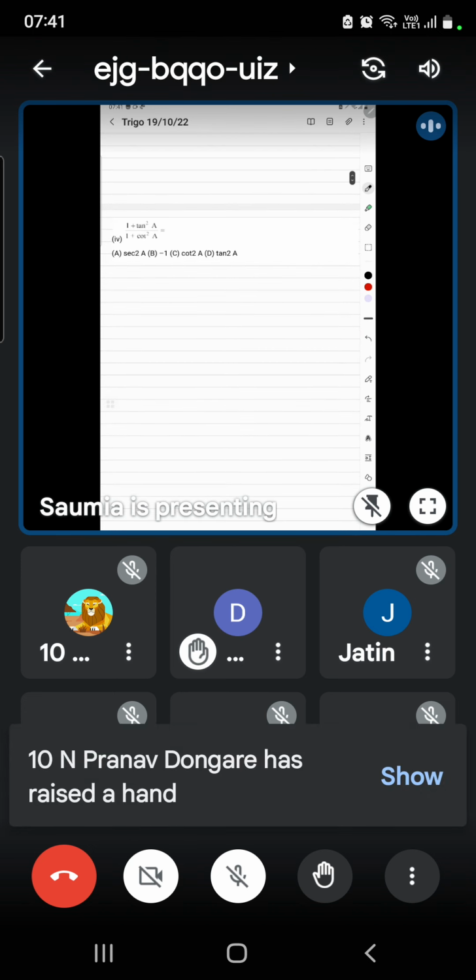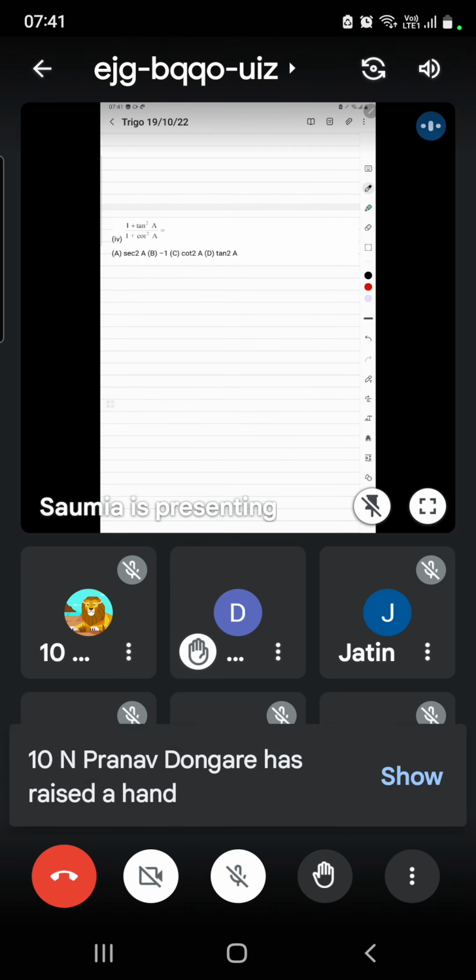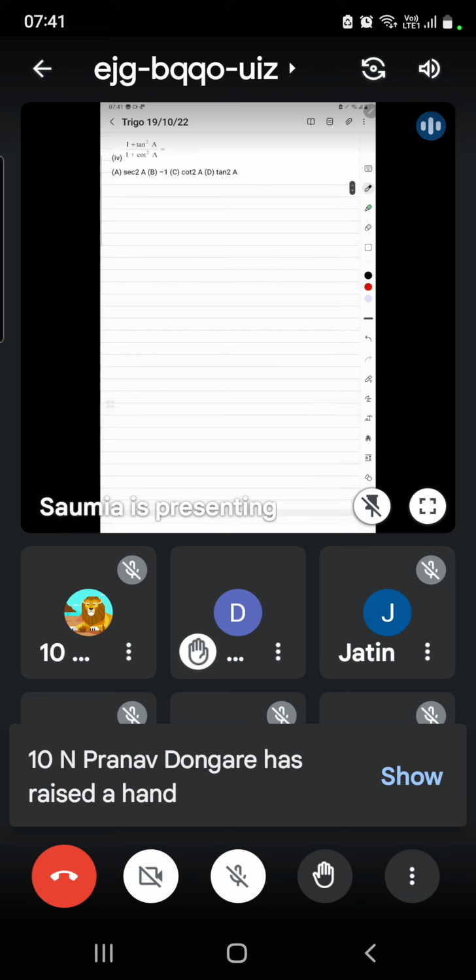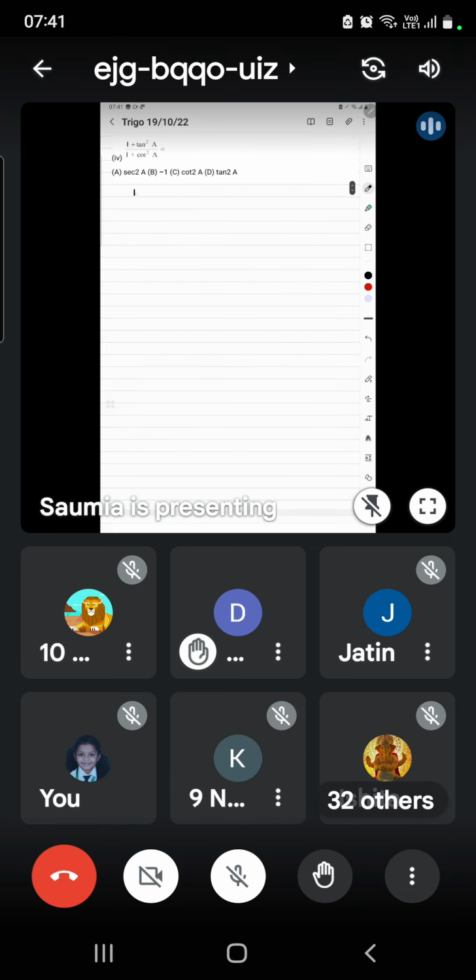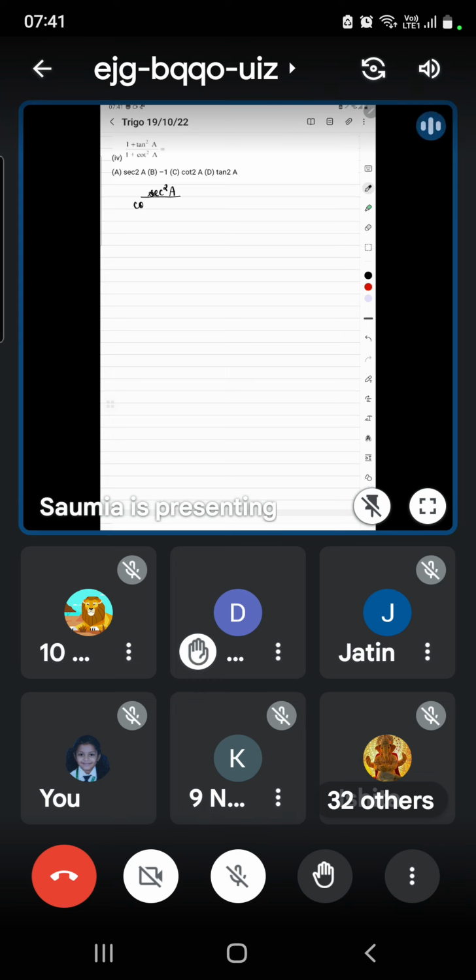1 plus tan square A upon 1 plus cot square A. Start replacing it with whatever we know. You can also use the identity here. What is 1 plus tan square A? Sec square. And what is 1 plus cot square A?